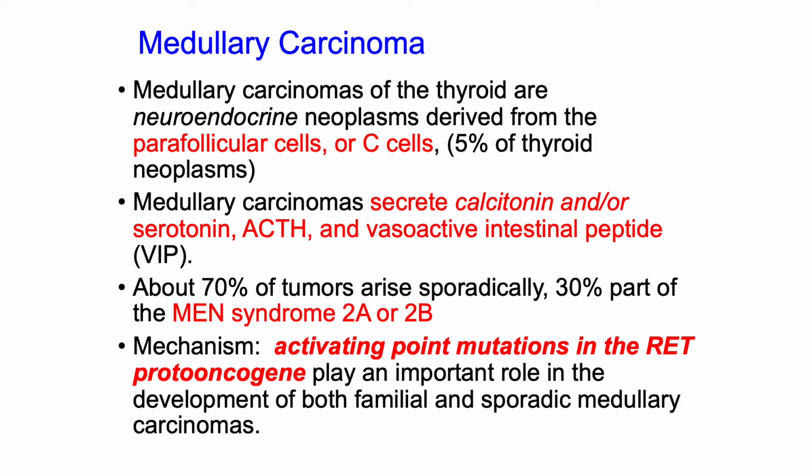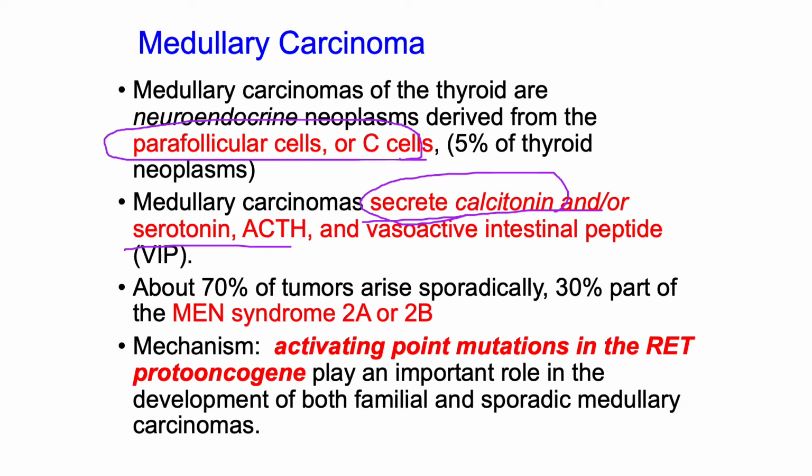Medullary carcinomas differ from other carcinomas by their origin from parafollicular cells or C cells, whereas the other carcinomas arise from follicular cells. Medullary carcinomas elaborate a large number of ectopic hormones like serotonin, ACTH, and vasoactive intestinal peptide, and because it is arising from parafollicular cells, an excessive amount of calcitonin is also secreted.